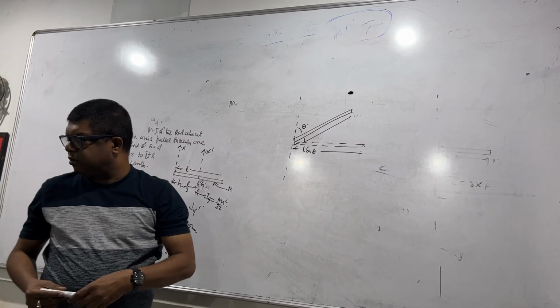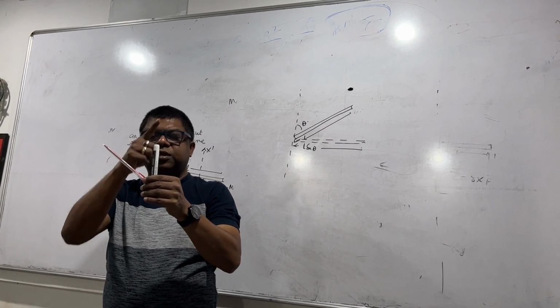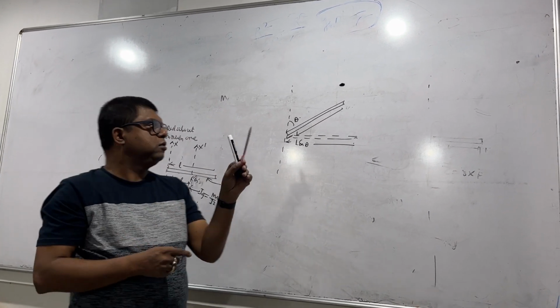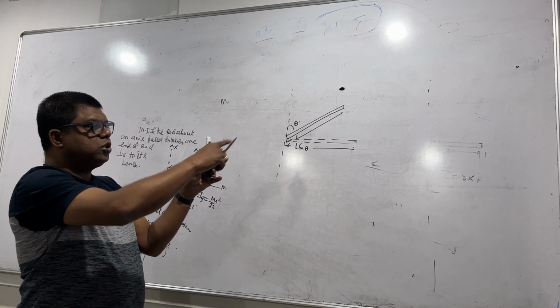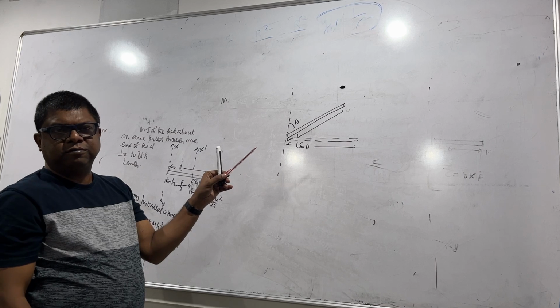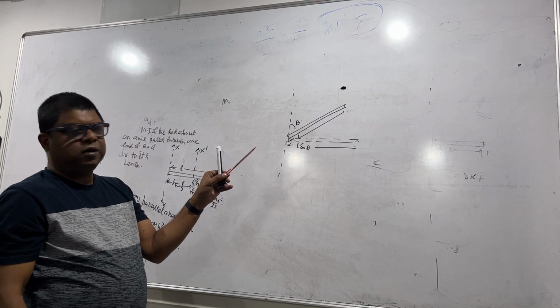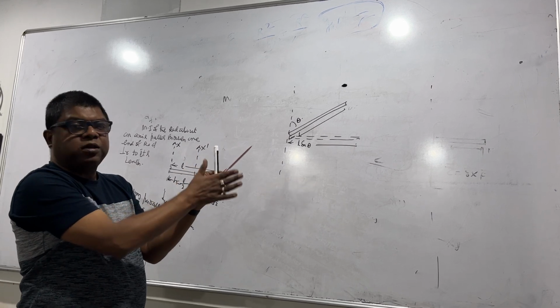This is L, this is the axis of rotation X. So this is L and this is theta, with L cos theta and L sin theta. The rod and the axis are lying in the same plane.